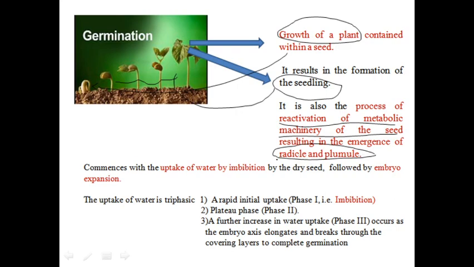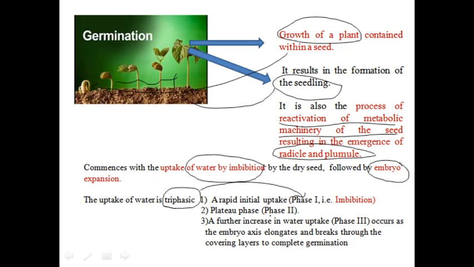This germination commences firstly with uptake of water by imbibition, most of the time by dry seeds, and this is followed by embryo expansion. This first step of uptake of water is triphasic, where in the first phase, imbibition takes place, with rapid initial uptake of water.